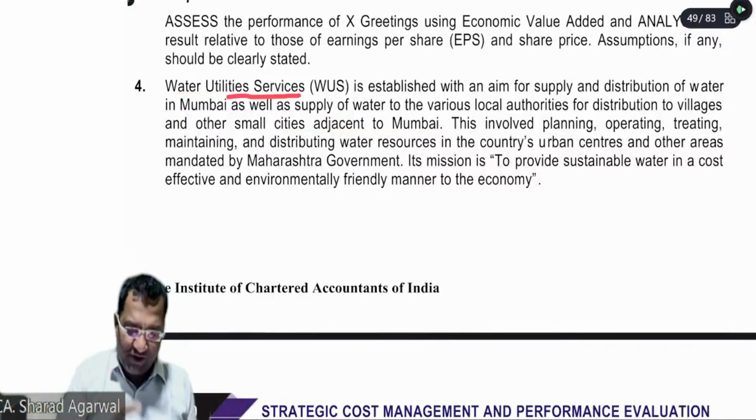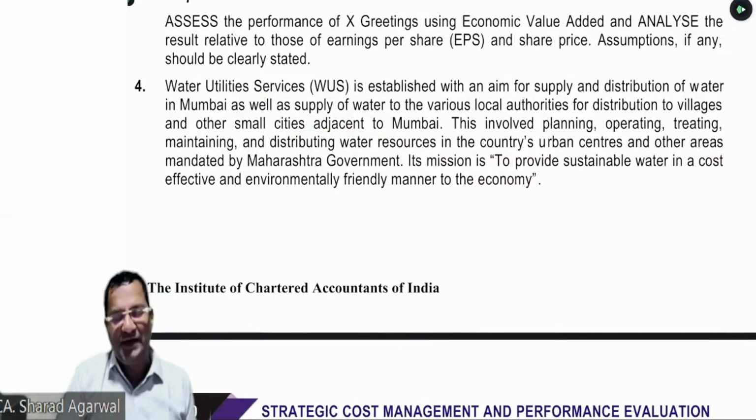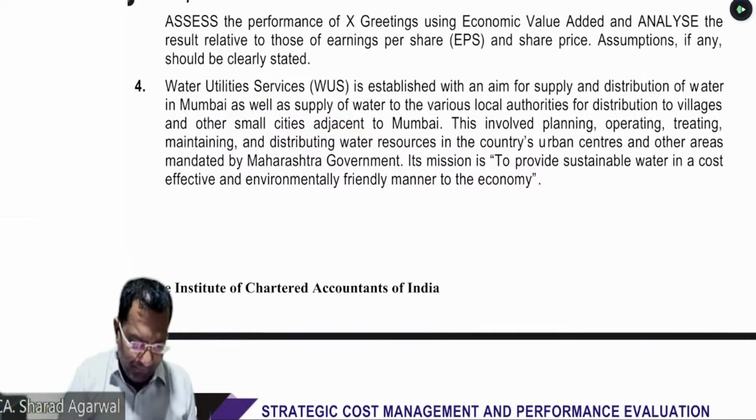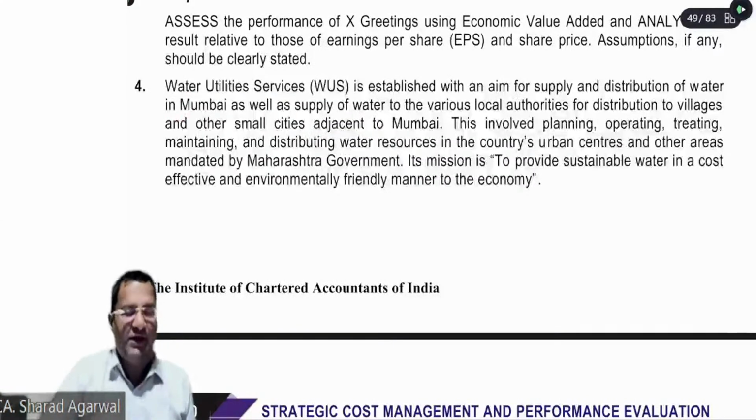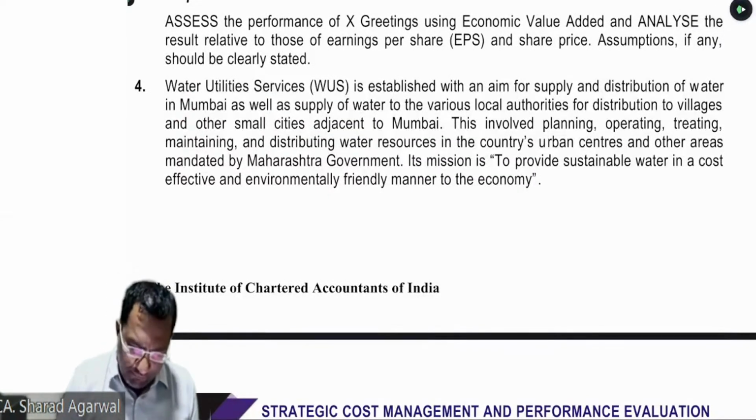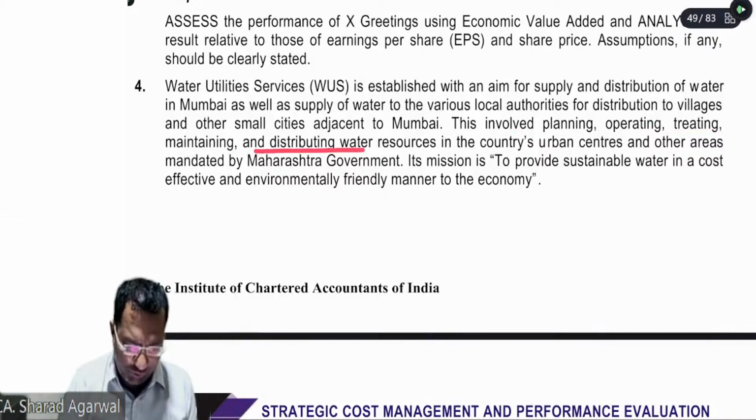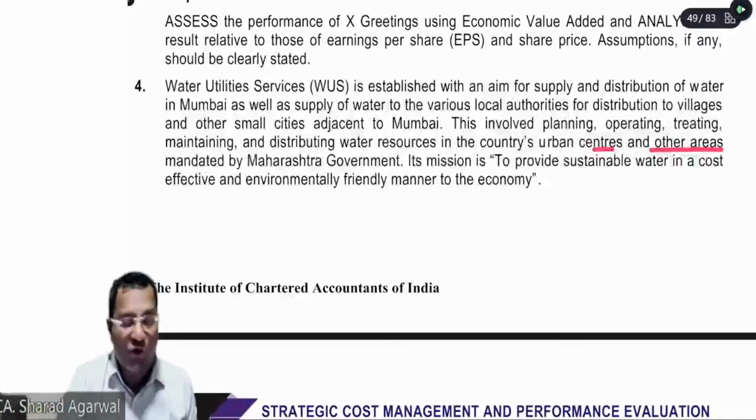It has been established to supply and distribute water in Mumbai as well as to the local authorities located nearby Mumbai. This involved planning, operating, treating, maintaining and distributing water resources in the country's urban center and other areas mandated by the Maharashtra government.